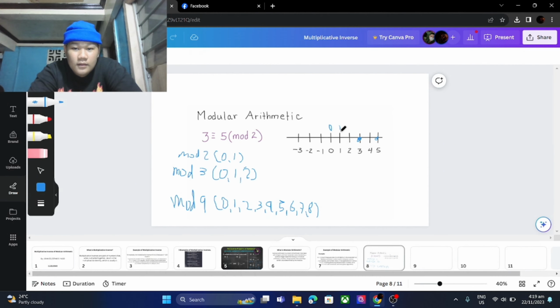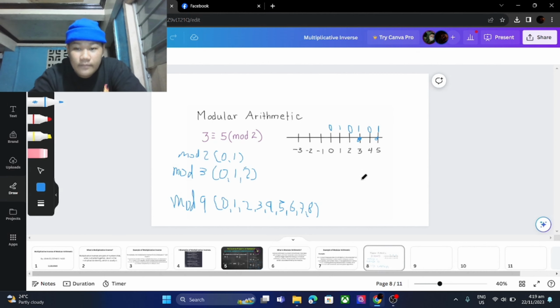Bawal na siya mulagpas og 2, kay mod 2 lang man atong gamiton. So ang value man sa mod 2 ay 0, 1 lang man. So ang atong gamiton is 0, 1, 0, 1.